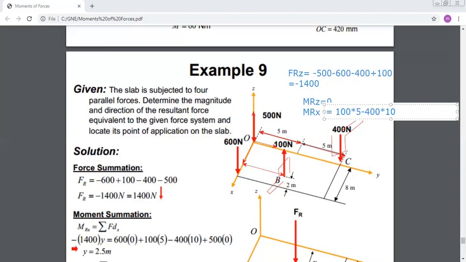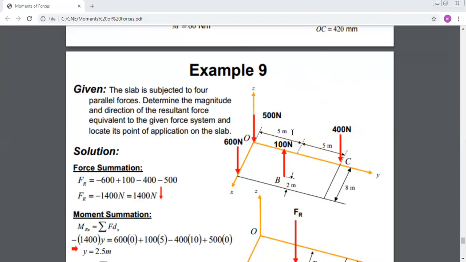I still need to find the resultant moment about Y. So if I look at my figure and I want to find the moment about Y-axis, first, for this force, 500 Newton, it's passing by Y, so it cannot produce a moment about Y. And also the 400 Newton force is passing by Y, so it cannot produce a moment about Y. You only have the moment of the 600 Newton force and the 100 Newton force.